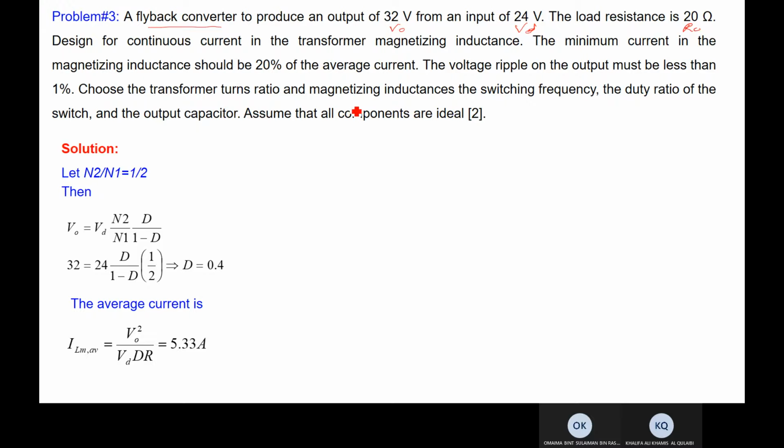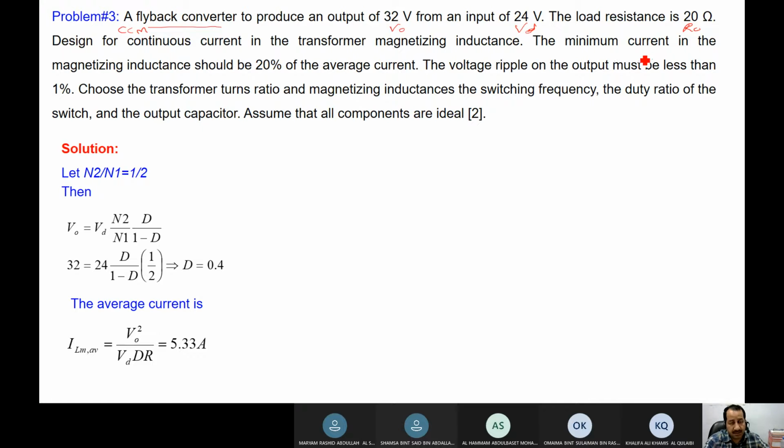Designed for continuous conduction mode, and the transformer magnetizing inductance. The minimum current in the magnetizing inductance should be 20% of the average current, 0.2 of I average.